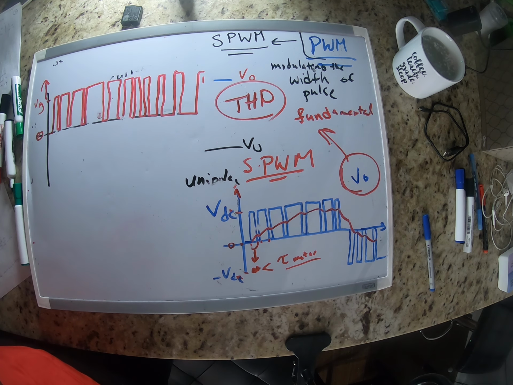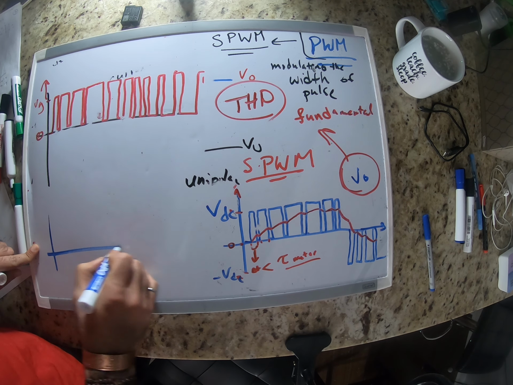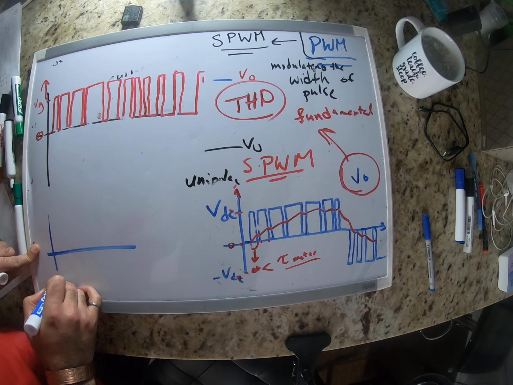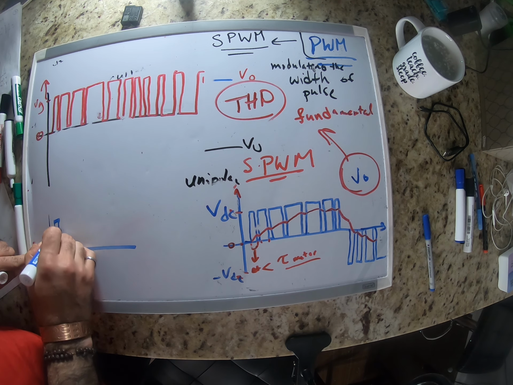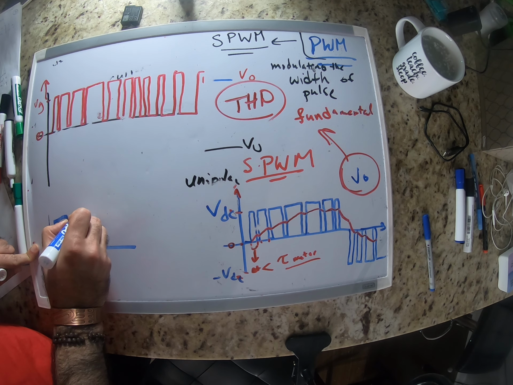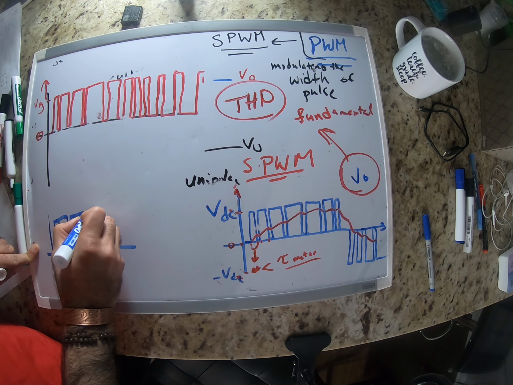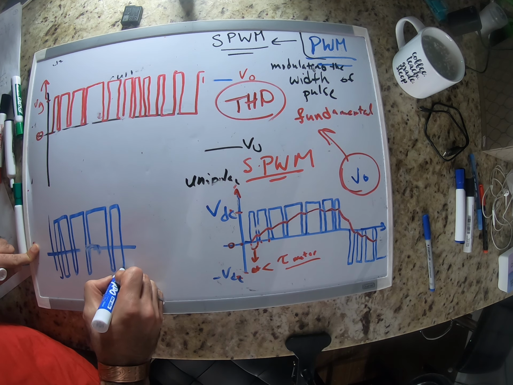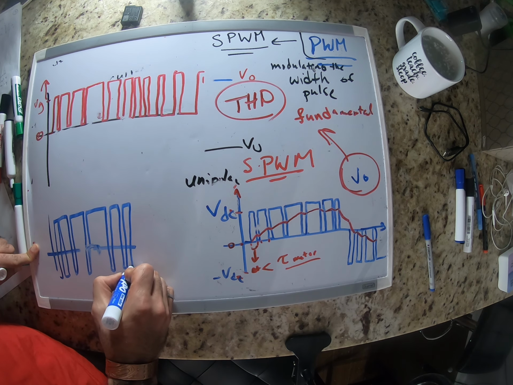It would create something like this, because you remember we don't have the zero here.